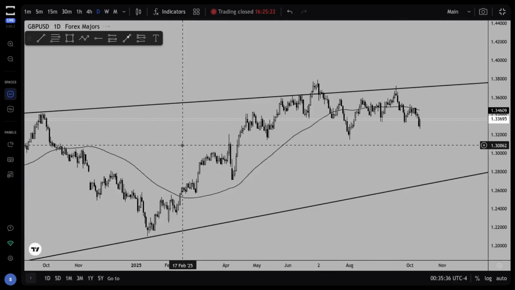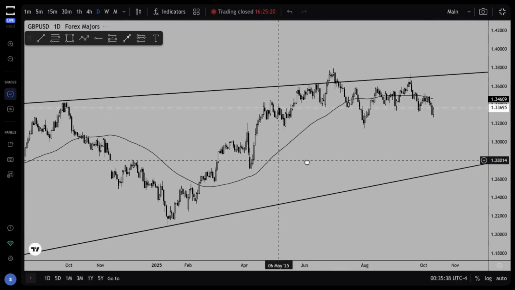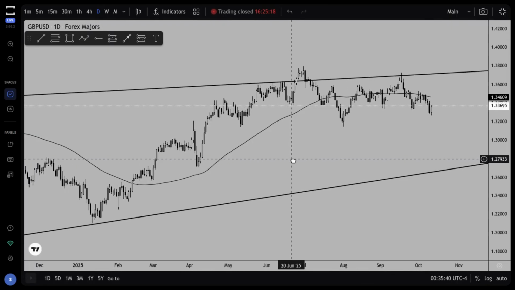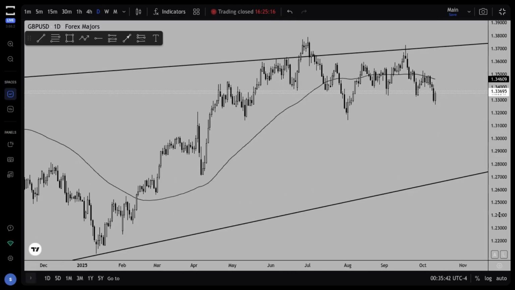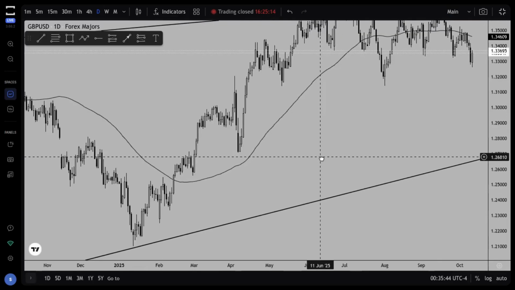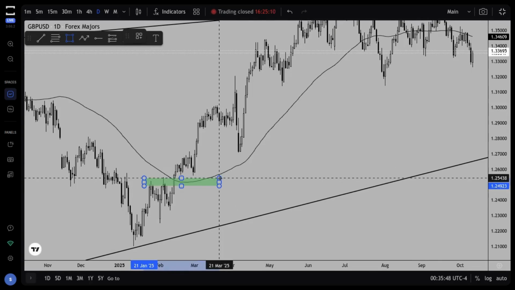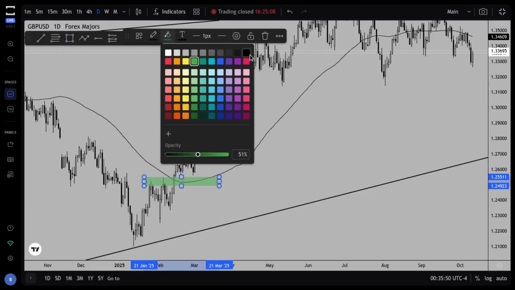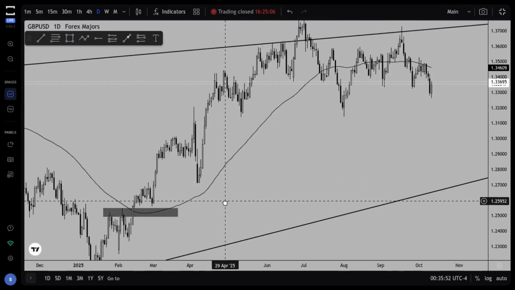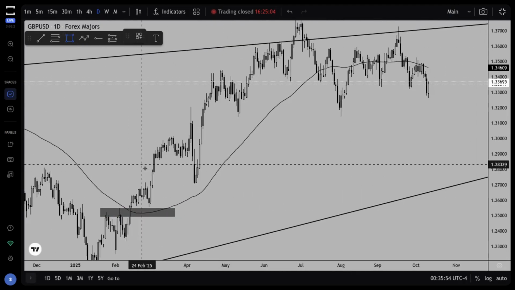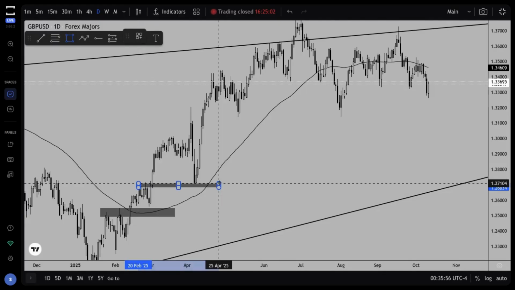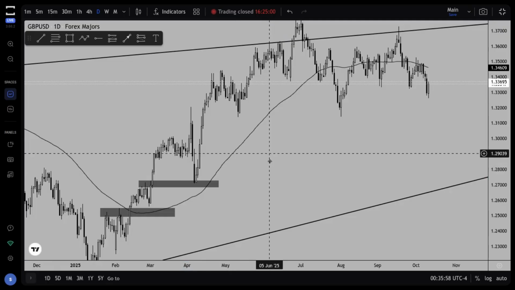But going down to the daily, let's do our support and resistance lines. Try to get some entries that I found. So here I am just marking up previous support and resistances, just following market structure like I did on the weekly.